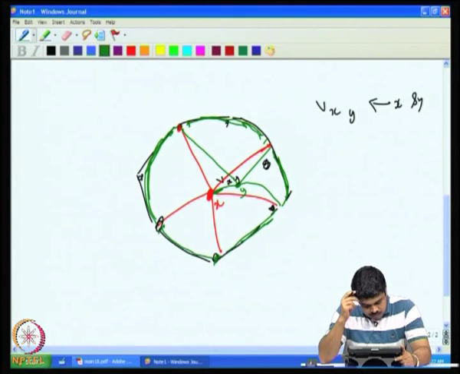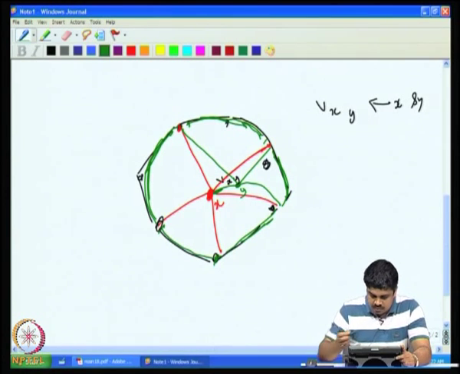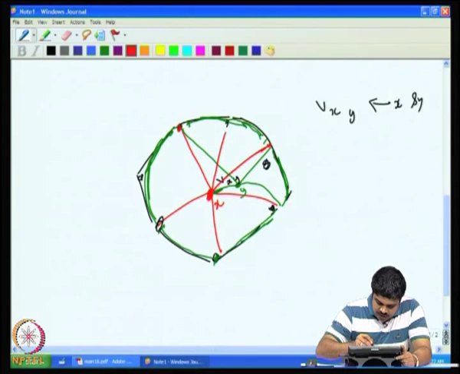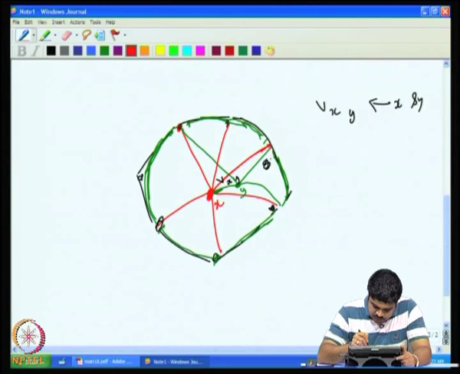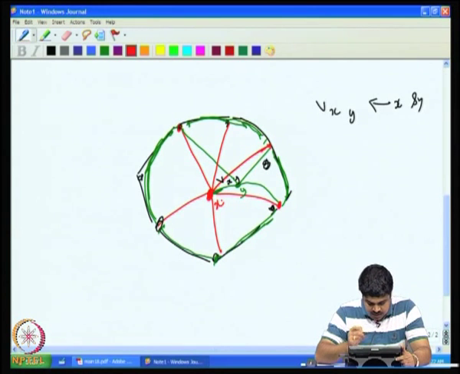Now, what do we see if y has 3 neighbors shared with x? They need not be consecutive; x can have other neighbors also here. So, suppose this neighbor of x, this neighbor of x, and this neighbor of x are shared by y, right.